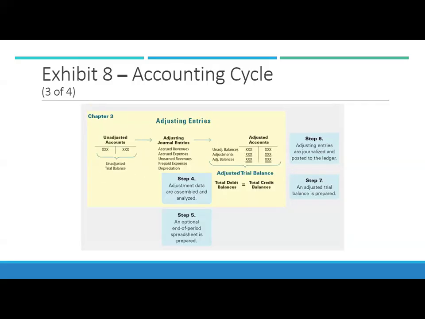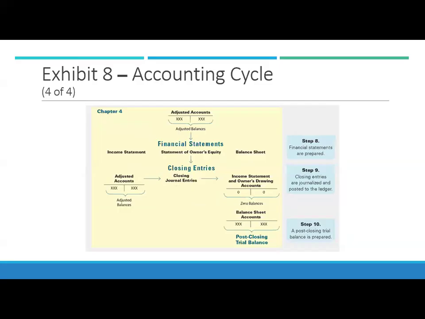Sometimes the end of period spreadsheet can be helpful in creating and tracking those adjusting entries, and that's why it's done before the adjusting entries and the adjusted trial balance. And then we prepare the financial statements and journalize our closing entries and then a post-closing trial balance so that we're ready for the next period.